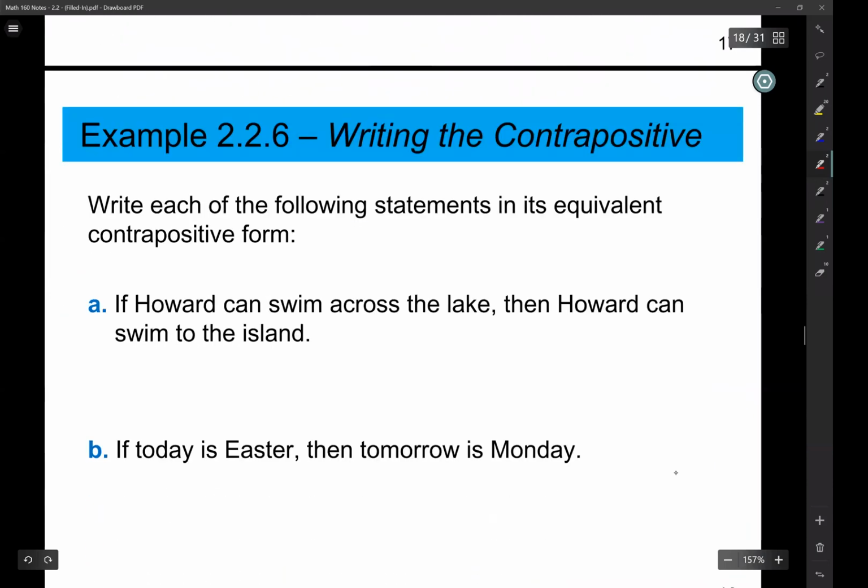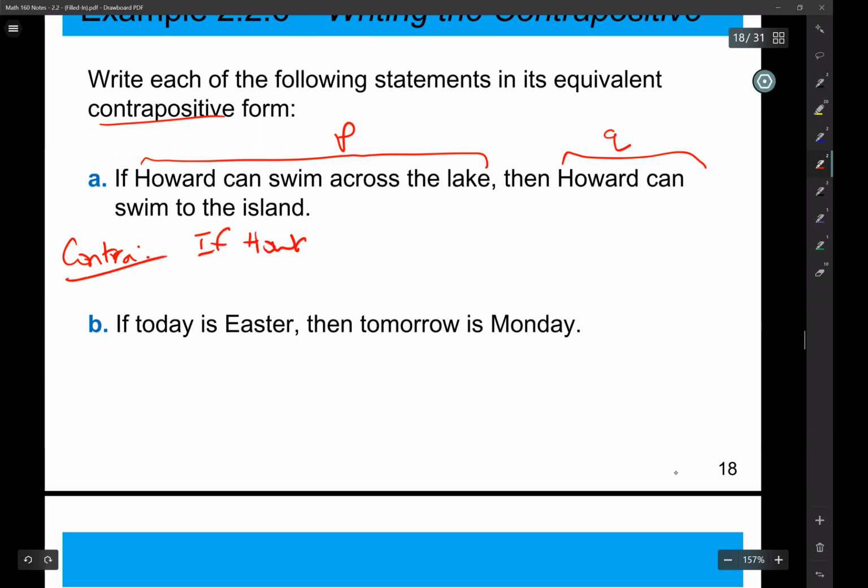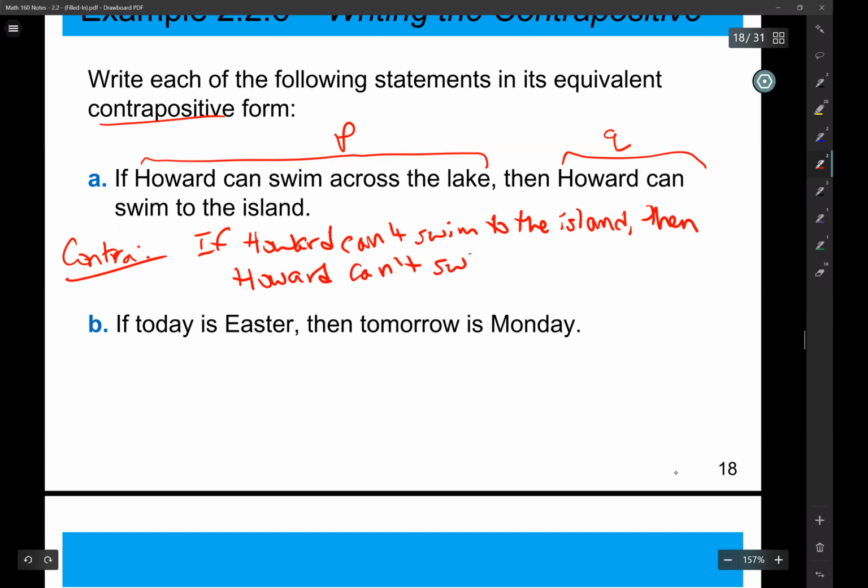All right. So really quickly, let's write these in contrapositive form. So again, this part is the P. This part is the Q. So the contrapositive would say if Howard can't swim to the island, then Howard can't swim across the lake. Okay.